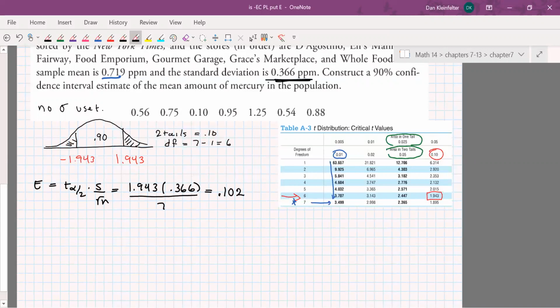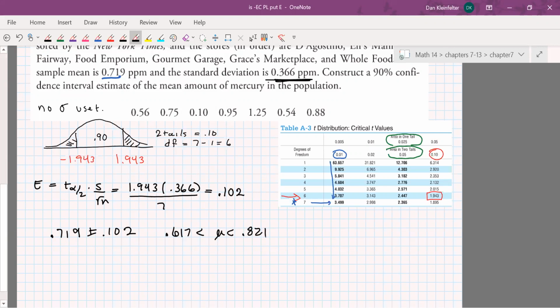So the sample mean was 0.719 plus or minus our margin of error, 0.102. Subtracting gives 0.617, and then we'll add to get the other end, 0.821.